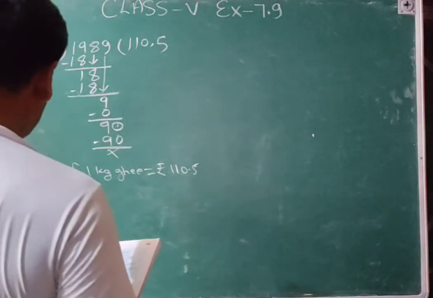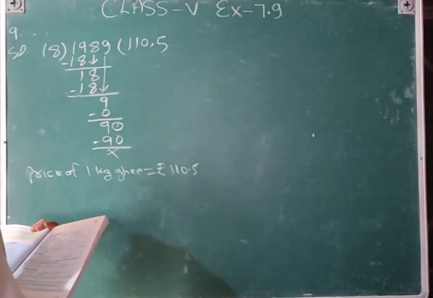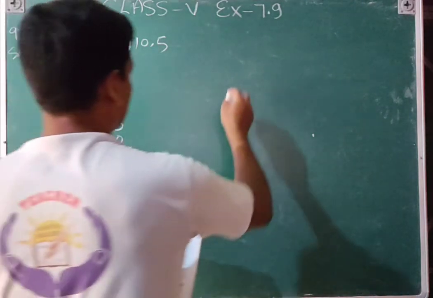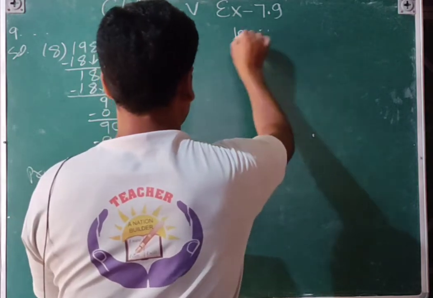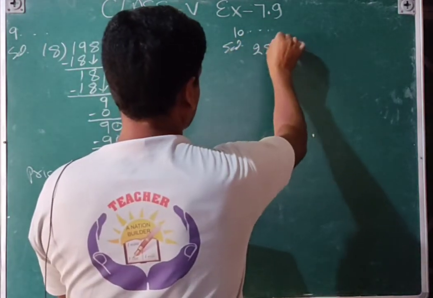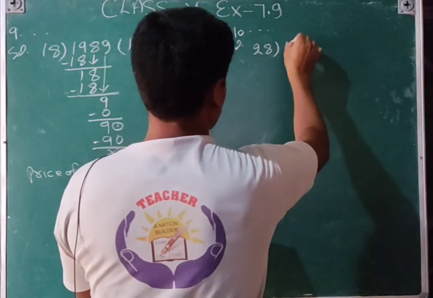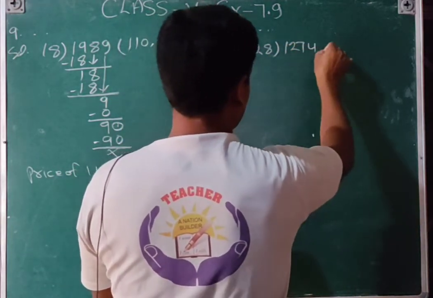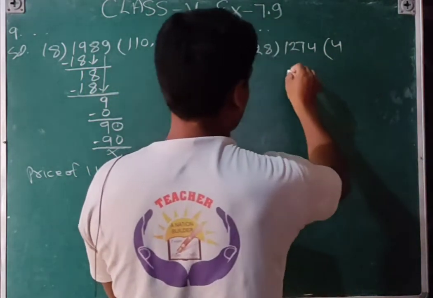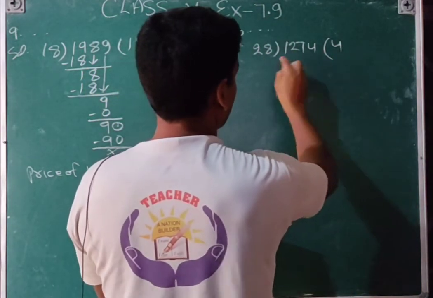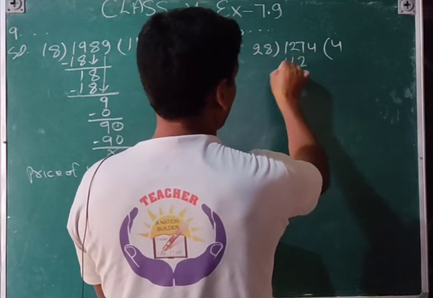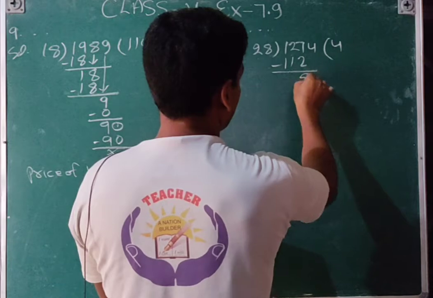Next, divide 1274 meter of cloth equally among 28 men. So that is the 10th question. 28 divides 1274. First it will go 4 times. 4 eights are 32, 4 twos are 8, 3, 11, 5, 1.